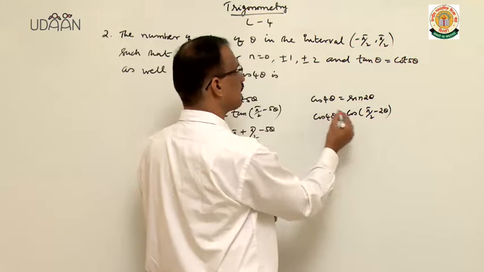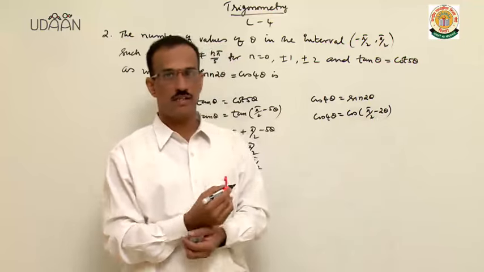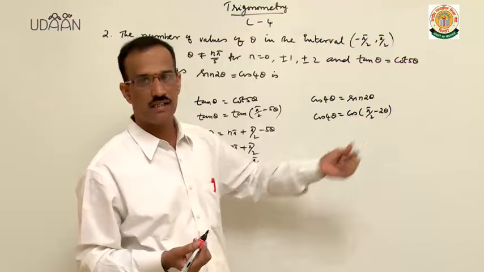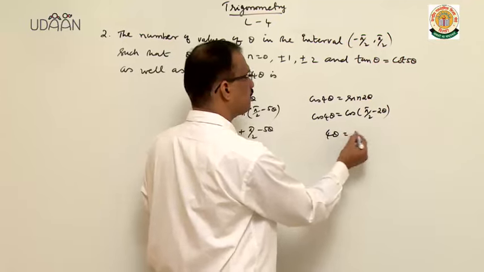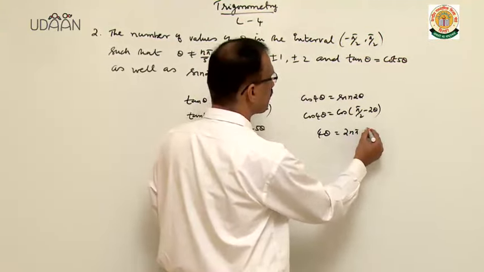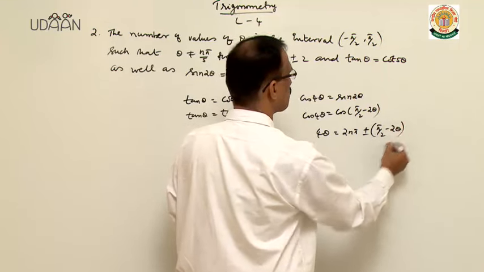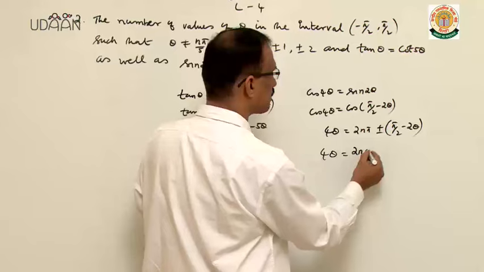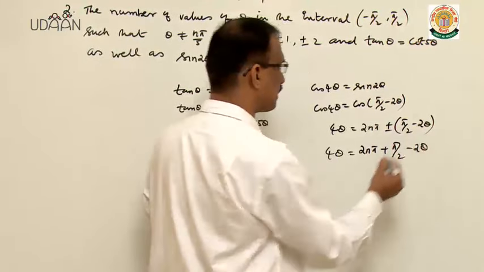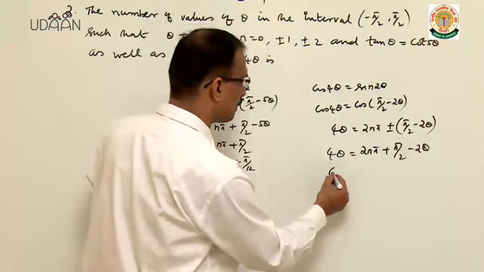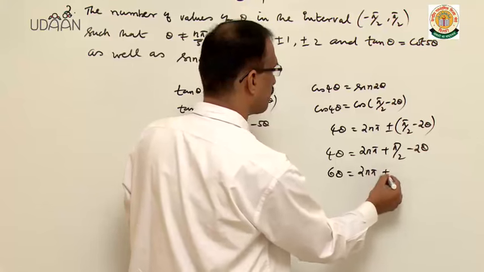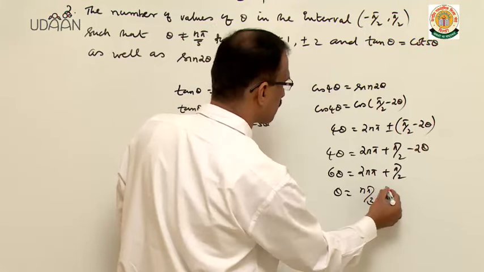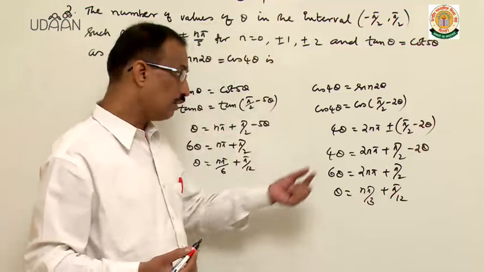So cos 4θ = cos(π/2 − 2θ). We know that if cos θ = cos α, then θ = 2nπ ± α. So from this, 4θ = 2nπ ± (π/2 − 2θ). Now take plus: 4θ = 2nπ + π/2 − 2θ. Bring this 2θ to this side, so 6θ = 2nπ + π/2, or θ = nπ/3 + π/12, if you take positive.